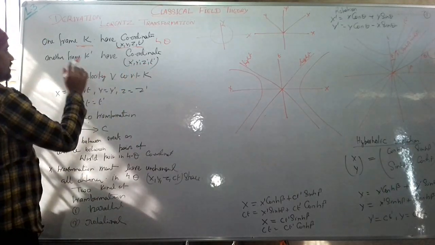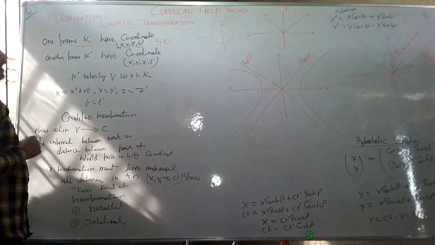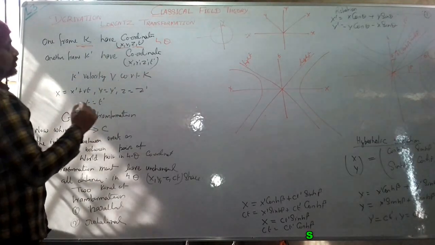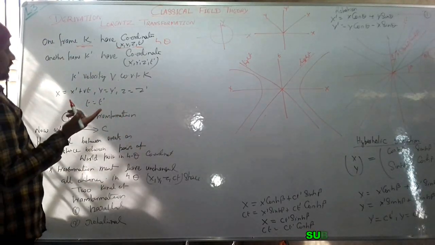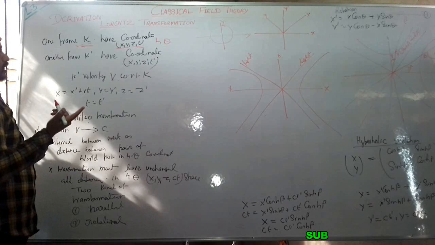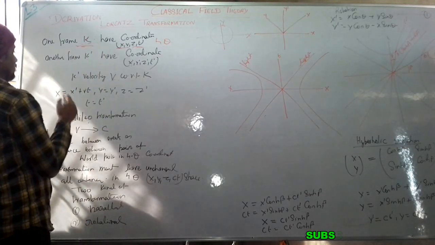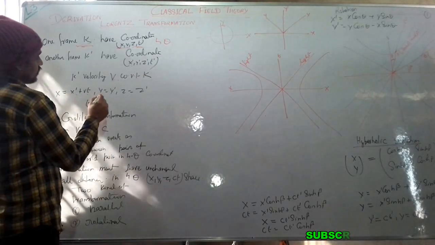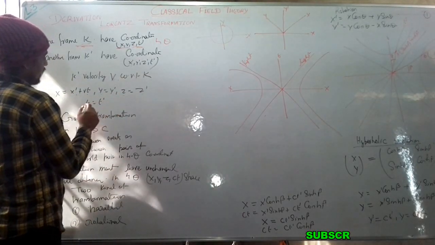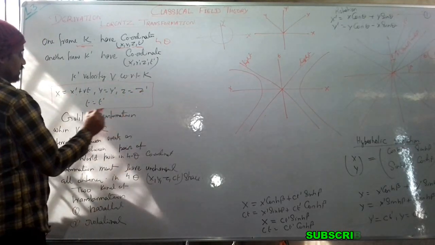If the velocity is very low, then we can use the Galilean transformation to connect reference frame K to K dash. So it simply becomes x is equal to x dash plus vt, y is equal to y dash, z is equal to z dash, t is equal to t dash. This is called the Galilean transformation.